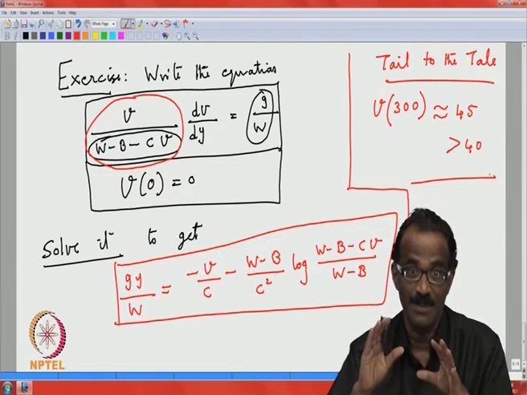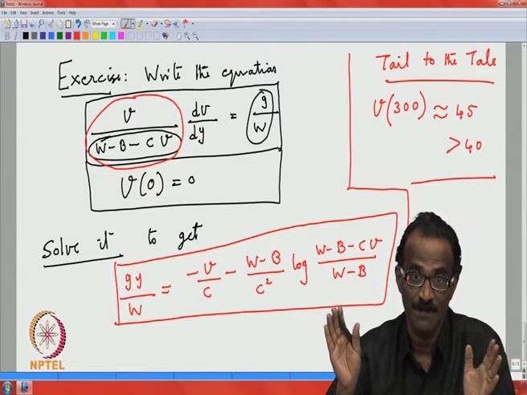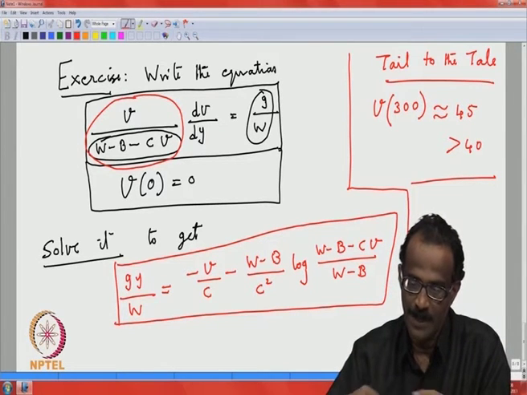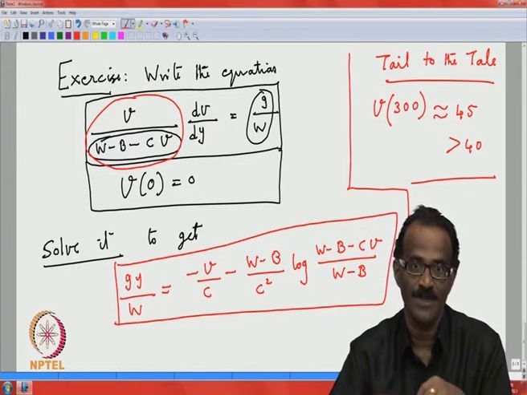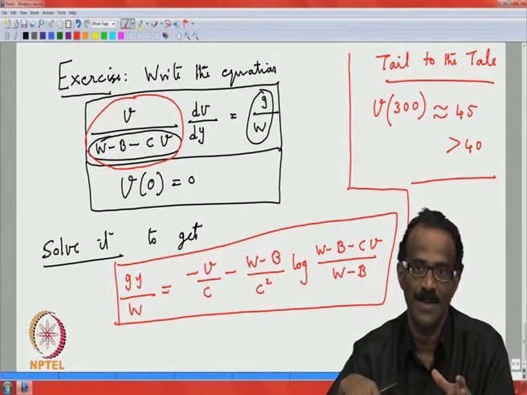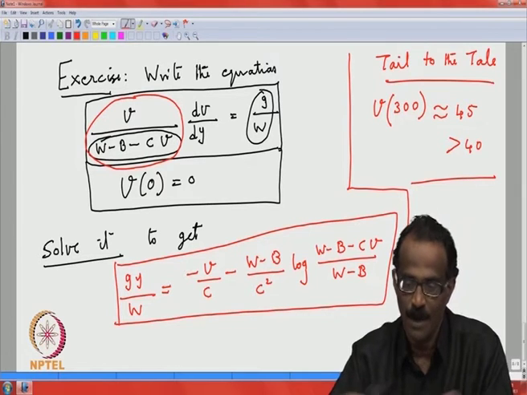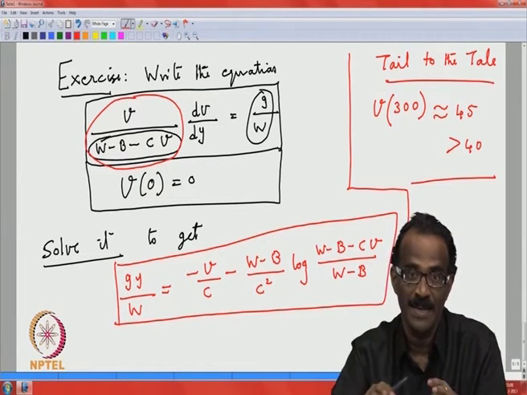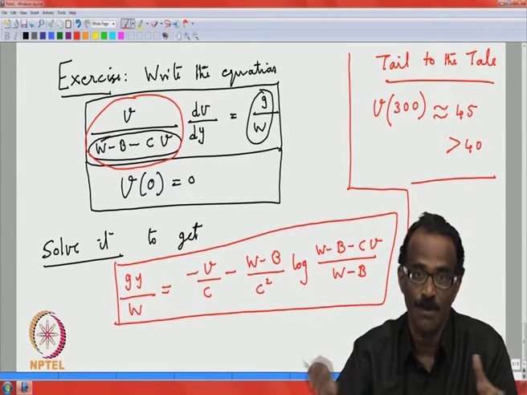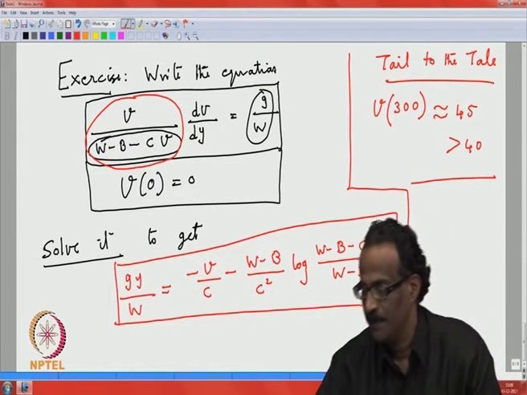You wanted that to be less than 40, but unfortunately it happened to be 45, and the eventual result was that they had to stop dumping it. So, there was a protest from the environmentalists, and this shows how mathematical simple analysis has to be used to solve problems. Okay.